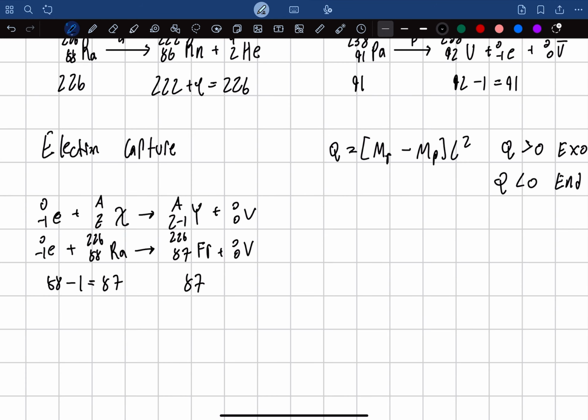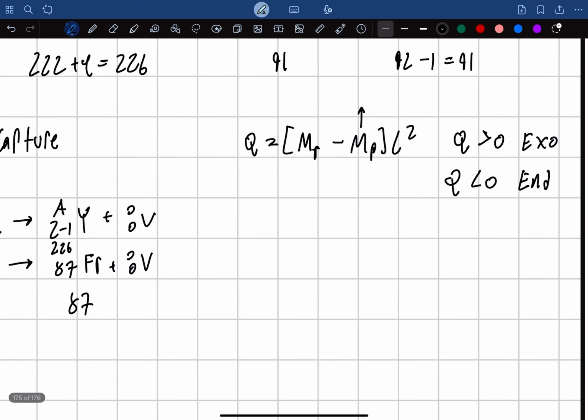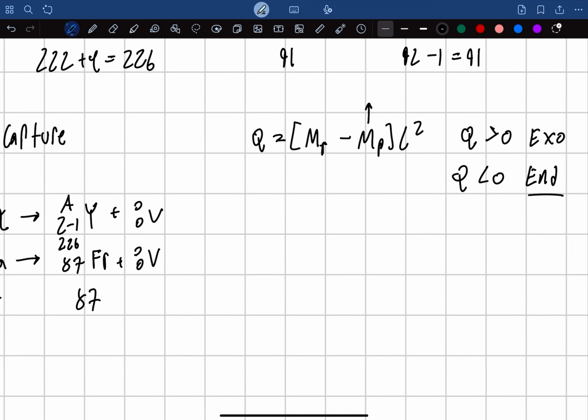So if the products have more energy than the reactants, you're going to have an endothermic reaction because Q is going to be less than 0. And if your products have more energy, then it can't be exothermic because you're requiring energy and not releasing energy.